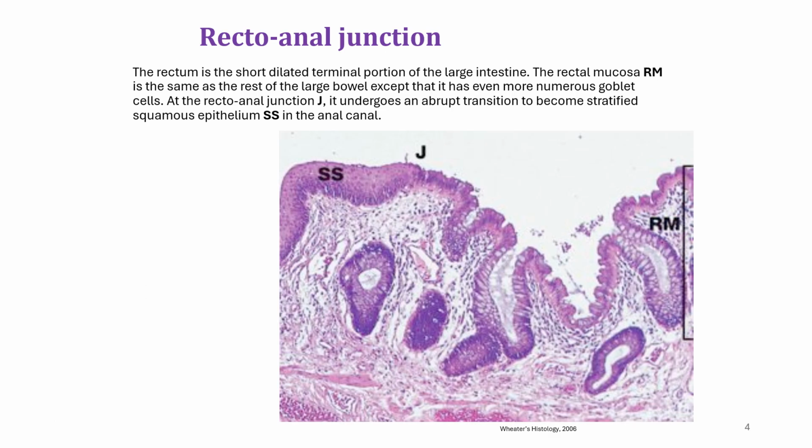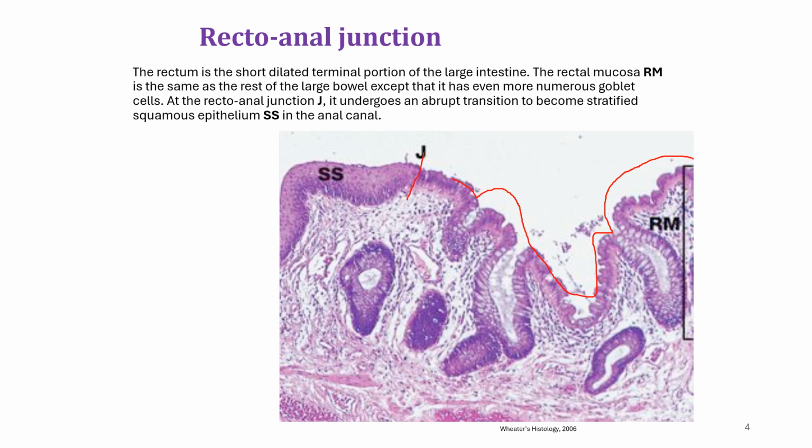So just like our GE junction, we also have a special junction at the rectal anal transition point. Okay, so right here we have our large intestinal area, so that rectal region. You can see the epithelium is predominantly those goblet cells.